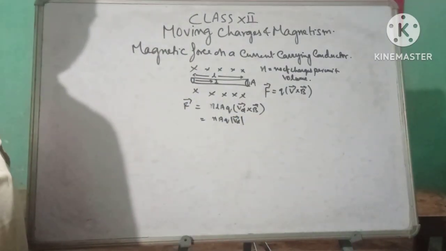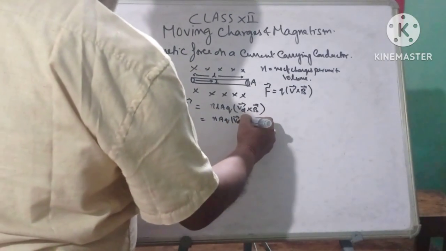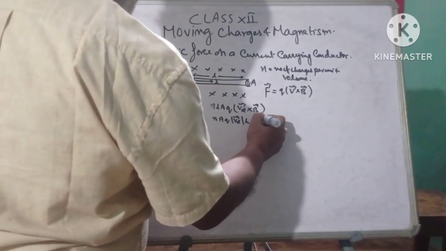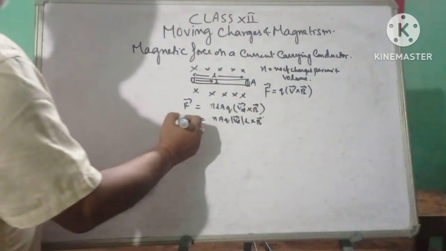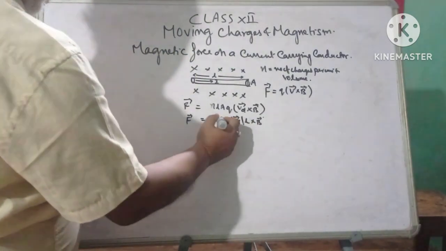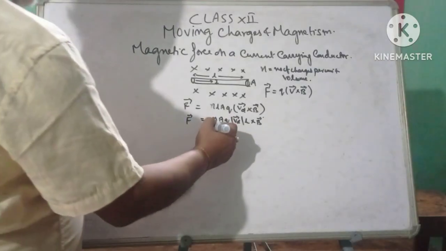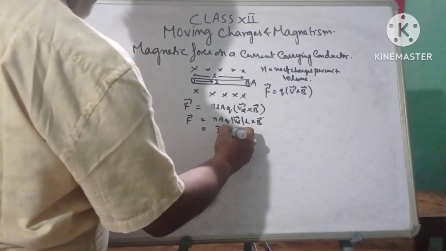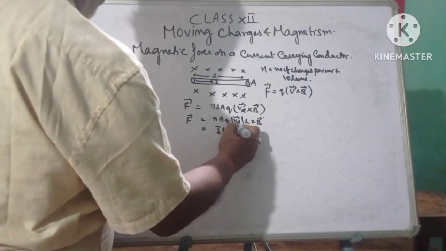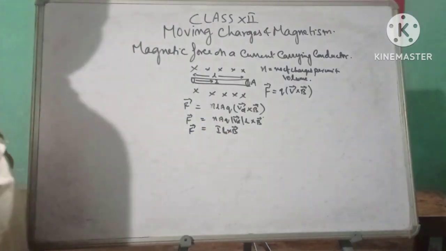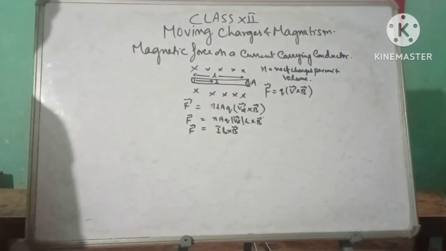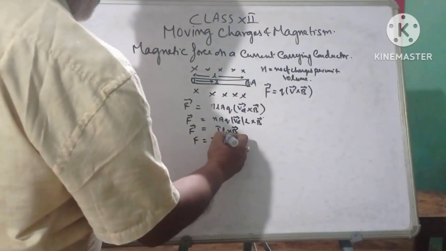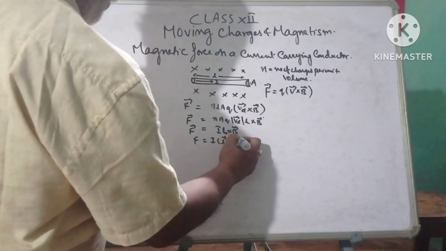Then here comes L cross B vector. So F is N A Q V B, and this is the current I, so I L cross B. Since current is a scalar quantity, F is equal to I L cross B vector.